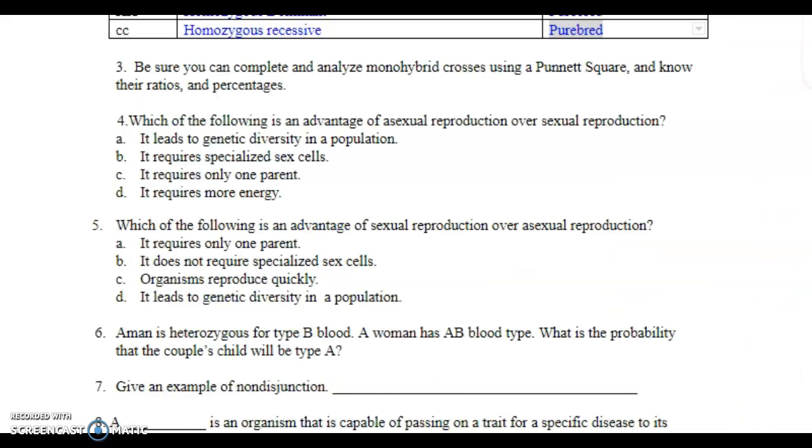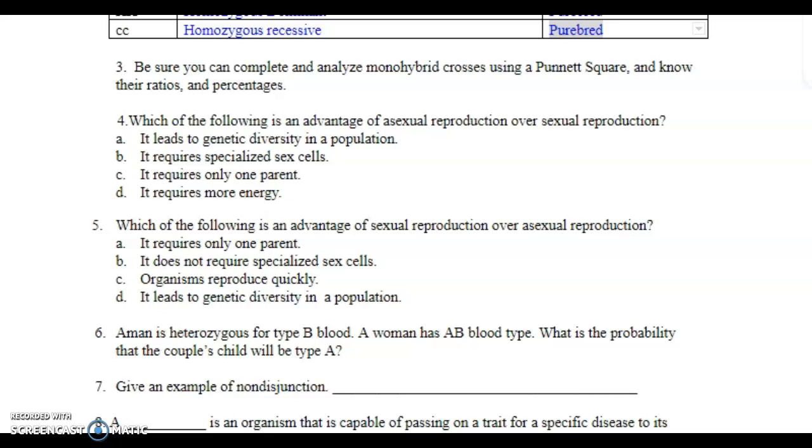Number 3 says be sure you can complete and analyze monohybrid crosses using a Punnett square and show how and know the ratios and percentages. Okay, remember mono means 1, so this is when we're just looking at one trait. That's just our simple little 4 square Punnett square, and our simple dominant recessive.